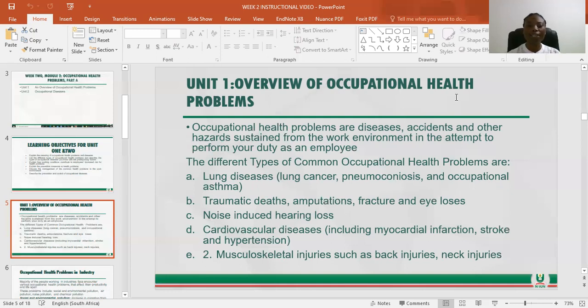As Bankole rightly said, occupational health problems is any form of accident or disease or hazard that you sustain from your place of work. So when you sustain any form of injury, disease, accident, or hazard while you are doing your job, it is known as occupational health. And of course, we have different types of common occupational health problems.